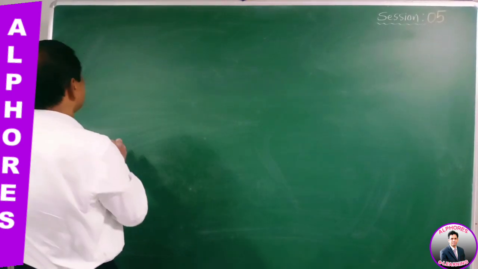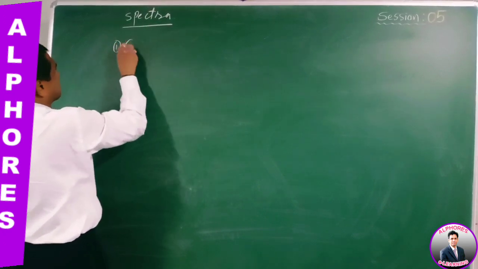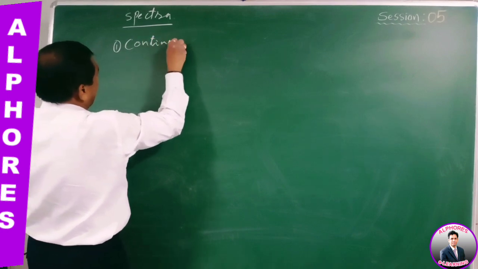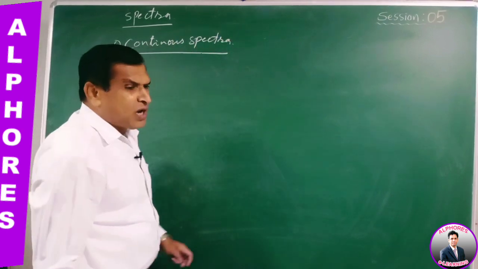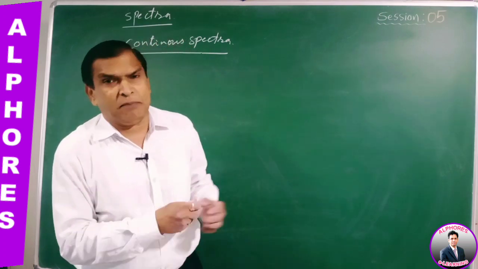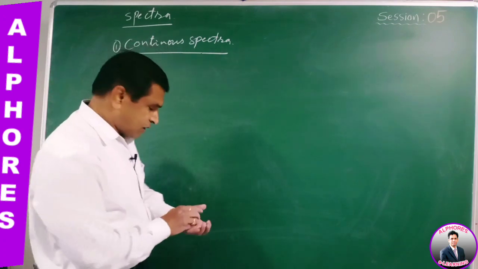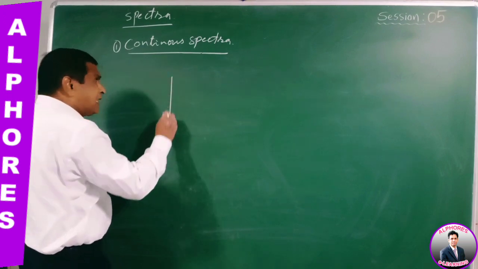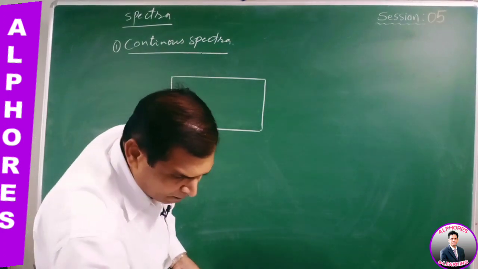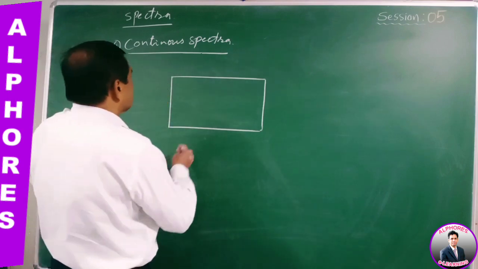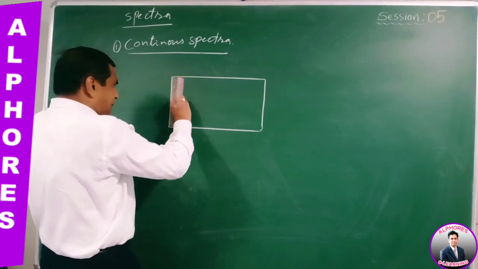What is meant by continuous spectra? The spectra in which the spectral lines are arranged closely without any gap between the spectral lines is called continuous spectra.